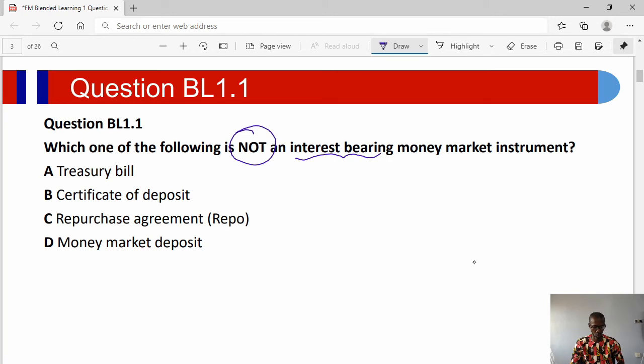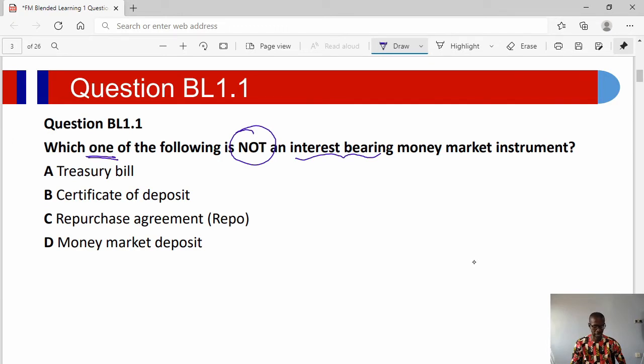Which one? Only one. So we have 4 money market instruments, but which one of the following is not an interest-bearing money market instrument?